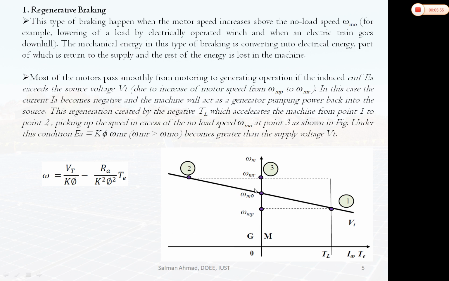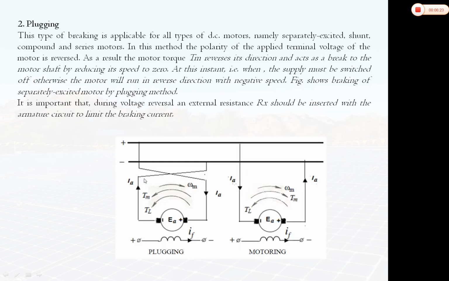For example, if the drive was operated at omega m, once the speed becomes more than the no load speed, the drive characteristic will shift to point 2. That means the torque becomes negative. Whenever torque becomes negative, the speed will get reduced, so it will shift to the new point. So you can read here.